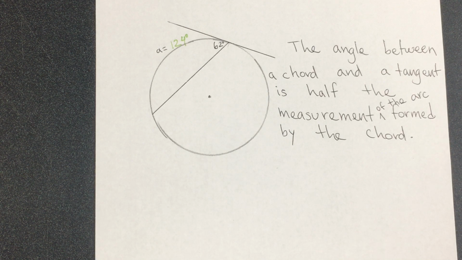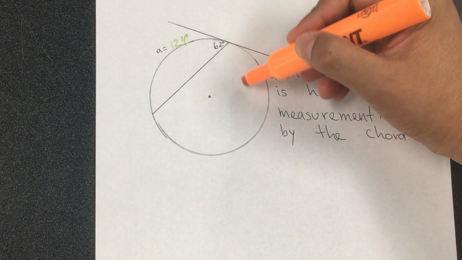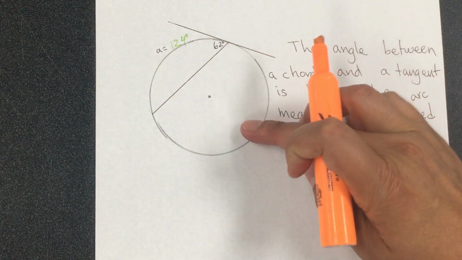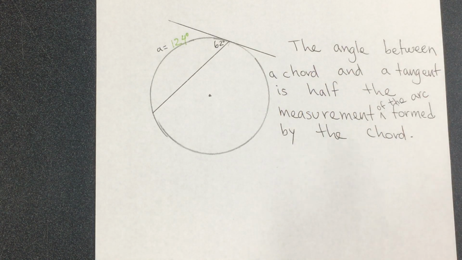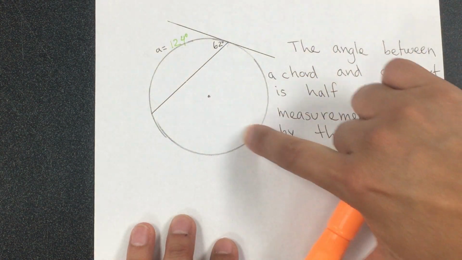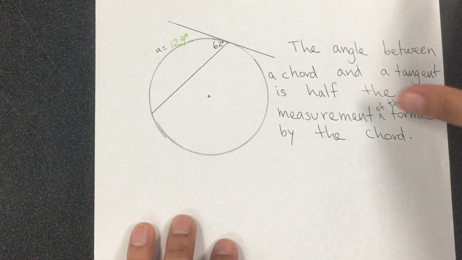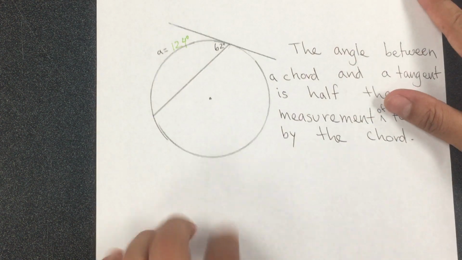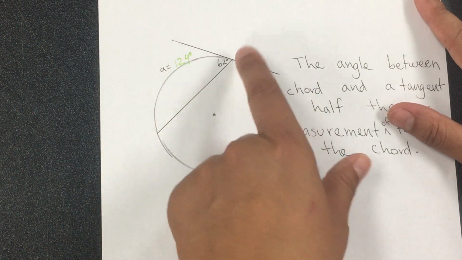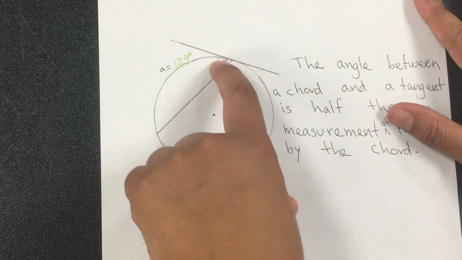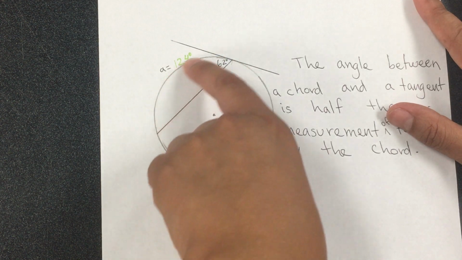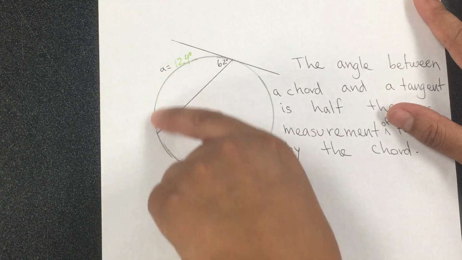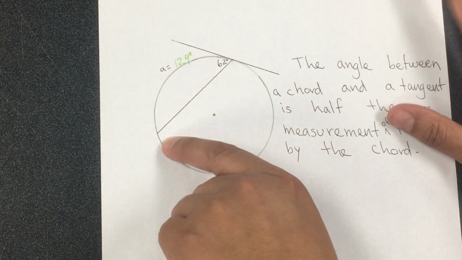What if we had the ice cream in here? Well, the cone would be half of that, which is 62, like in the previous example. Don't get confused. Just remember: tangent, chord, this angle will be half of this little round top.